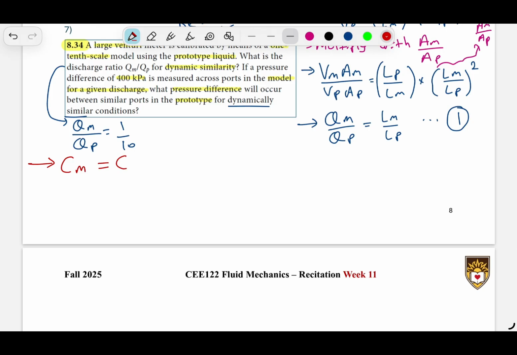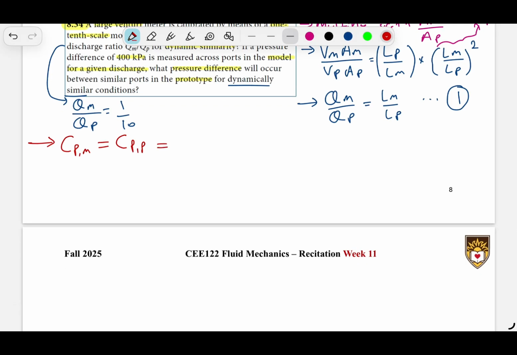So we will have Cm is equal to Cp. In your textbook, you can see Cp to represent the pressure coefficient. The equation for this pressure coefficient is the difference in pressure over rho v square, and this is going to be equal to the prototype's pressure coefficient.